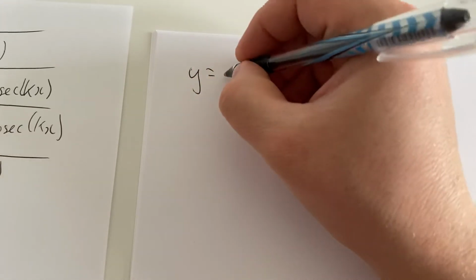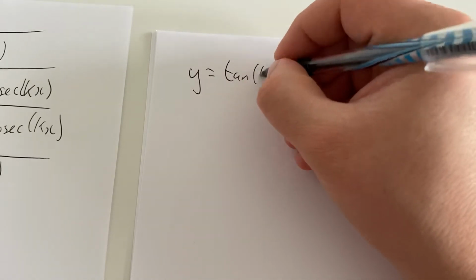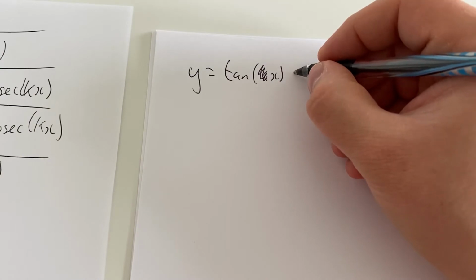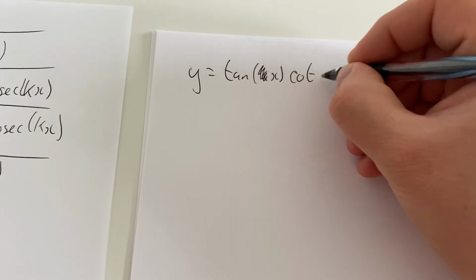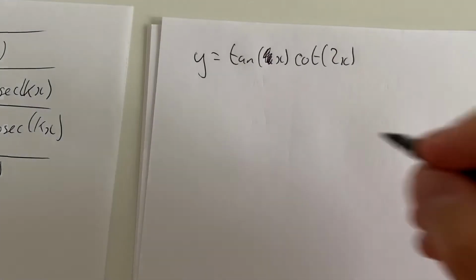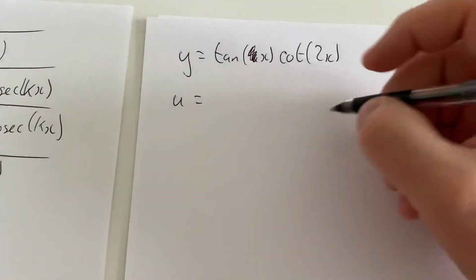So if you had y equals tan x cot 2x, and you had to differentiate it, you would do what you normally do, where you have the product rule.